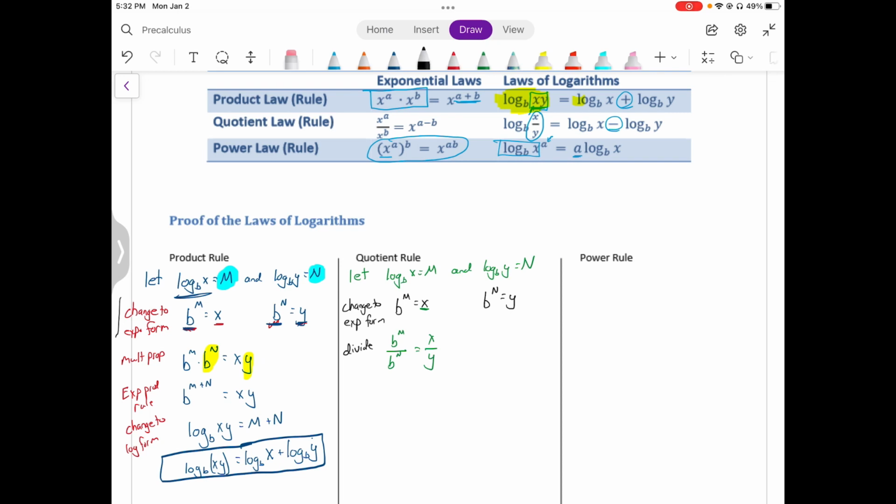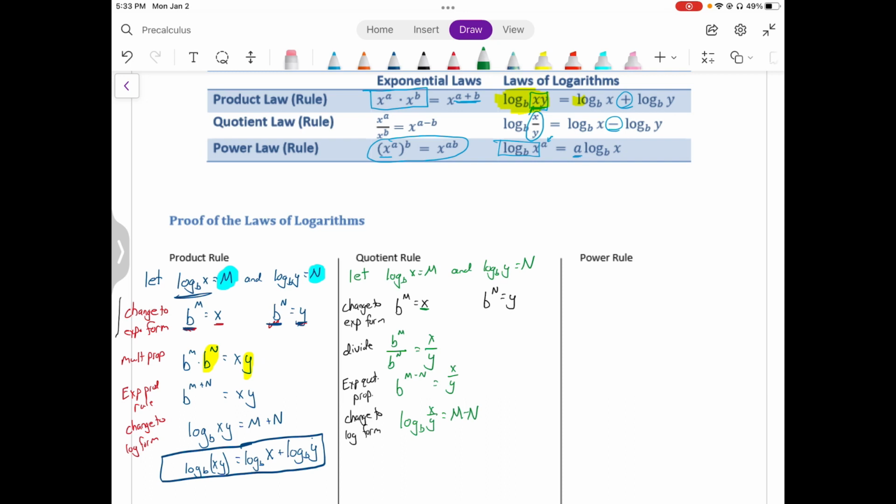Now we're going to use our exponential quotient property, and that is b to the m minus n equals x over y. We are now going to change back to log form. That's going to be log base b of x over y equals m minus n, and you're seeing this is very much like our last one.